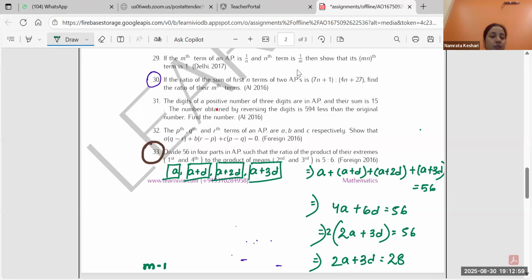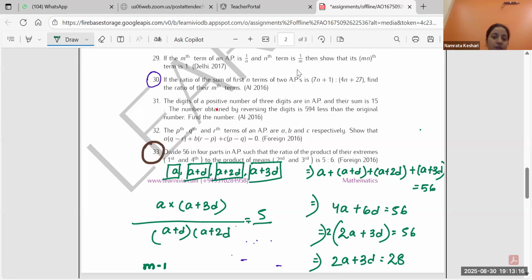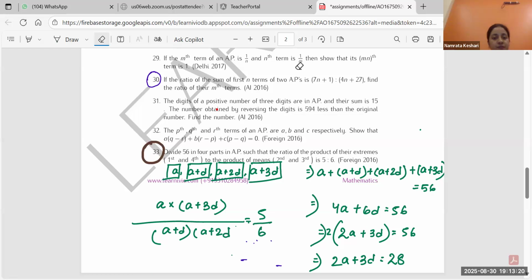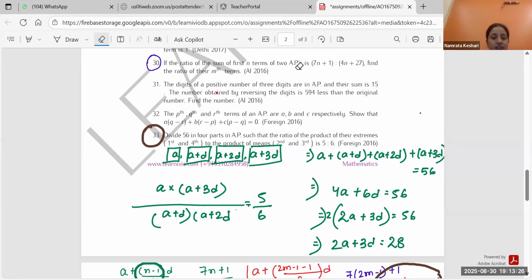The product of their extremes over the product of the means, that means the middle two terms multiplied together, that is 5:6. Have you done like this, Afrin? Yes, ma'am. Okay, and you are able to find the answer, right? Yes, ma'am.